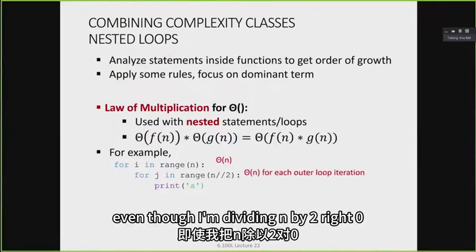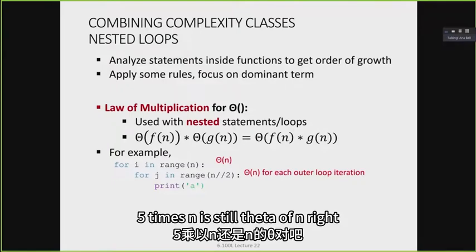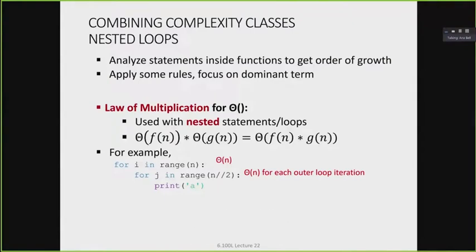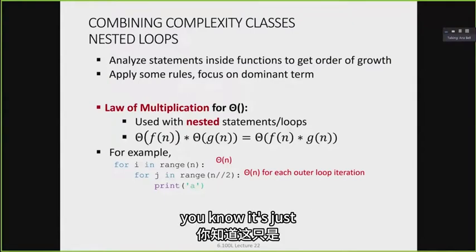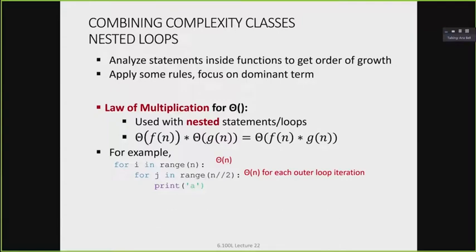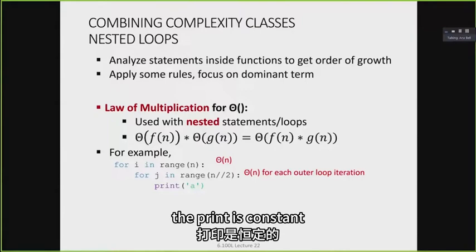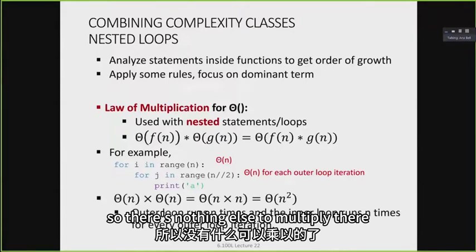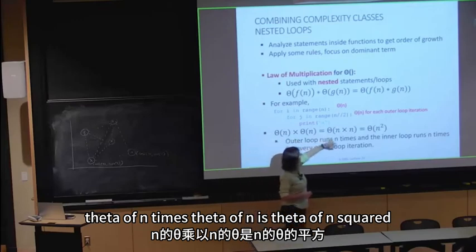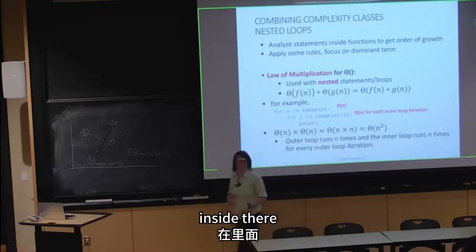Even though I'm dividing n by 2, 0.5 times n is still theta of n, right? That multiplicative constant in front of that n is 0.5, which still leads me to be theta of n. The print is constant, so there's nothing else to multiply there. So the law of multiplication just says theta of n times theta of n is theta of n squared inside there.